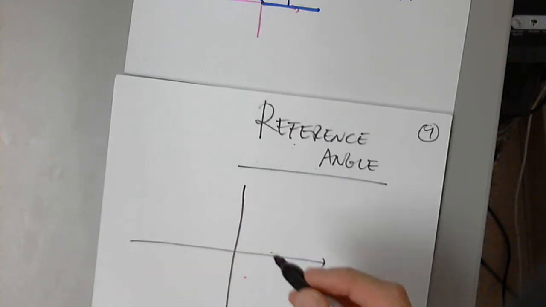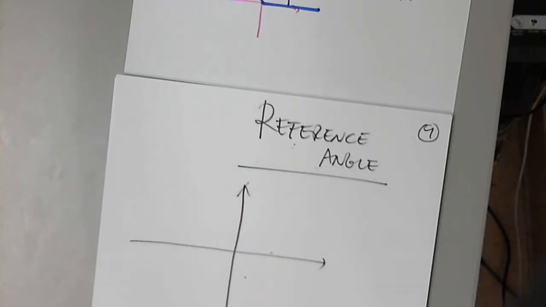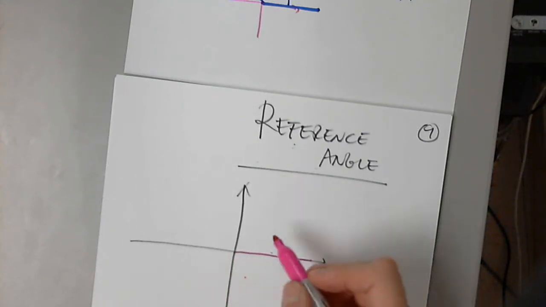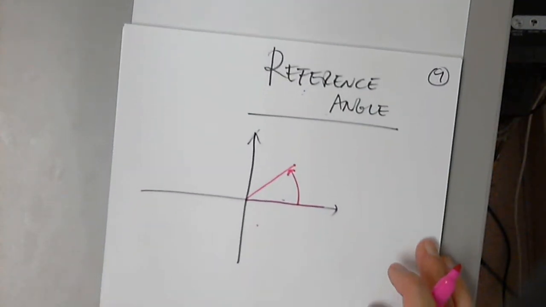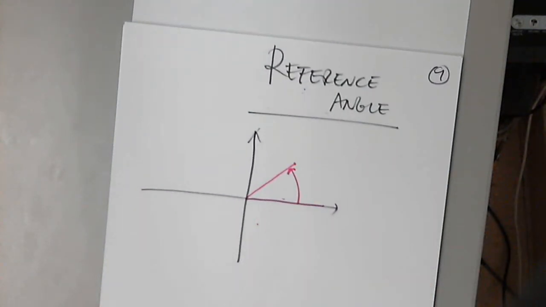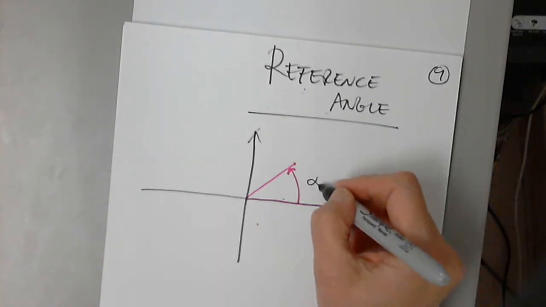I'm going to select an angle in standard position with the terminal side in the first quadrant. And I'm going to show other angles in standard position with terminal sides in the other quadrants in a minute. So this is angle alpha, let's say.